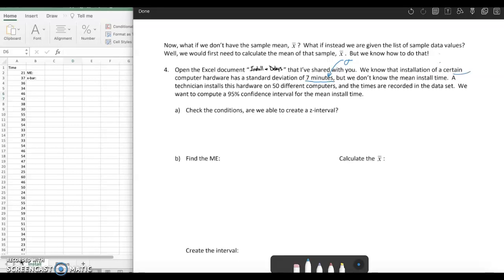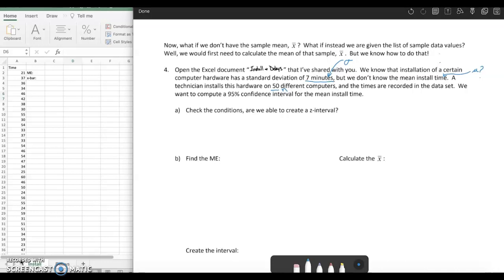So we don't know mu. A technician installs this hardware on 50 different computers and records the times in the data set that we're given. We want to compute a 95% confidence interval for the mean install time. So 50 is our n value, our sample size.